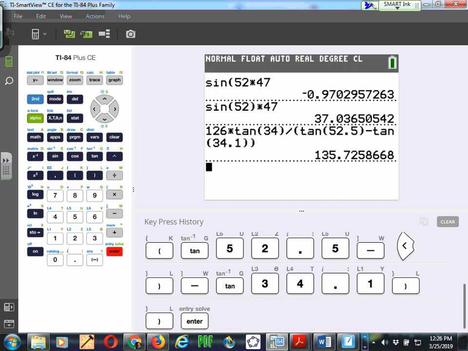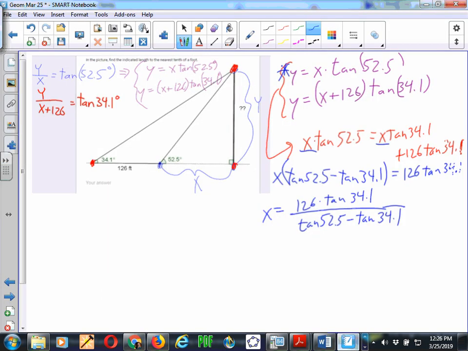My x value is 135.73. So if I come over here, this is 135.73, and then my y is equal to x times the tangent of 52.5.